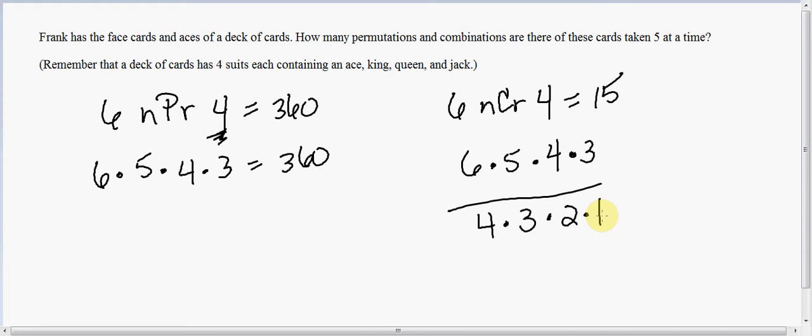So 4 times 3 times 2 times 1. That gives us 360 divided by 24, and 360 divided by 24 is 15. Okay, so that's for combinations. You can do it either way.